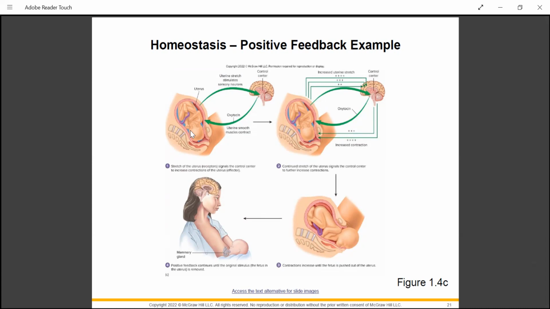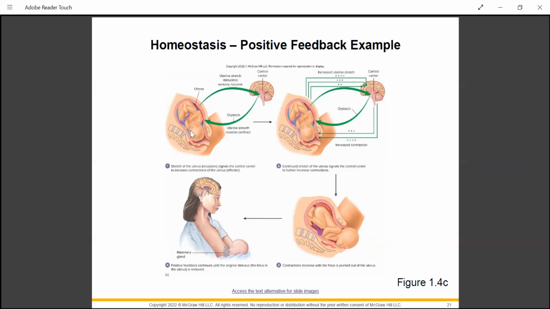So you see that that response is amplified. The more that the uterus stretches, the more oxytocin is released. But the more oxytocin is released, the stronger the contraction and the more it stretches, which causes oxytocin to keep being released. So in this case, the childbirth process continues and the mother is able to have the baby.